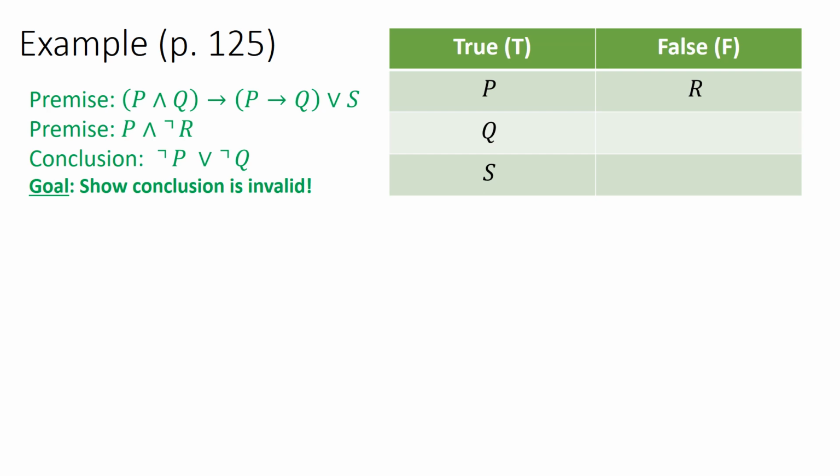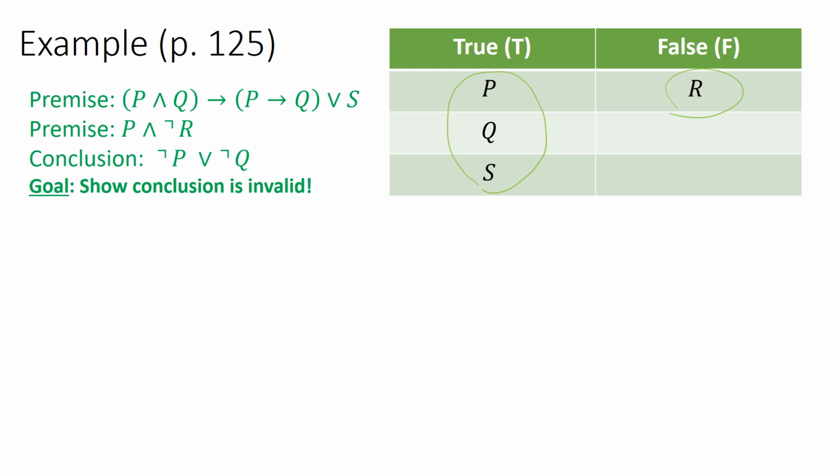Let's look at the example from page 125. We're given two premises and a conclusion, and our goal is just to show the conclusion is invalid, that we have an invalid argument. Here I cheated a little bit. I won't in the next slides, but I've already assigned the truth values for each of the atomic sentences. So we're going to say that these atomic sentences are true and that this one is false.